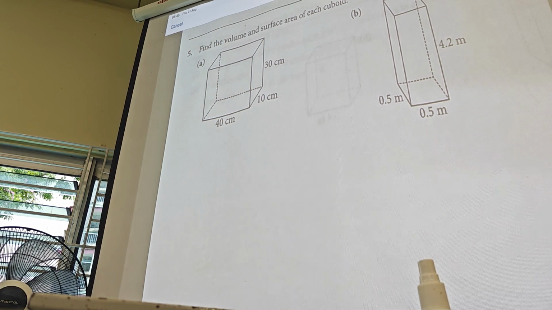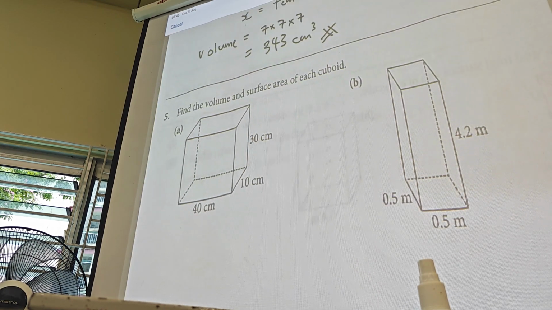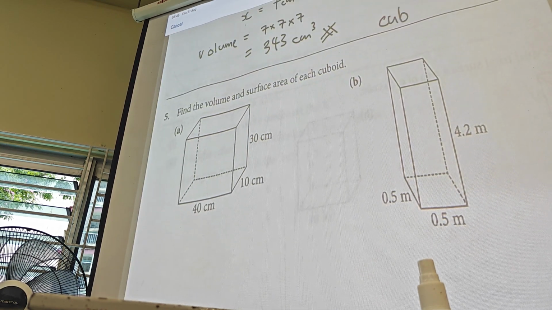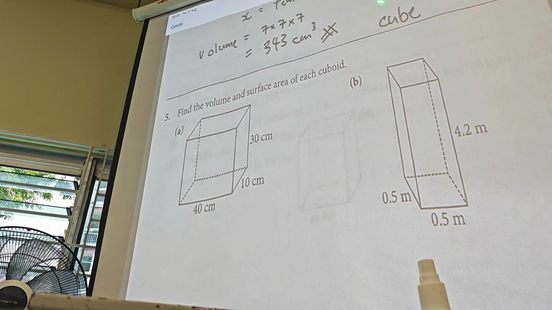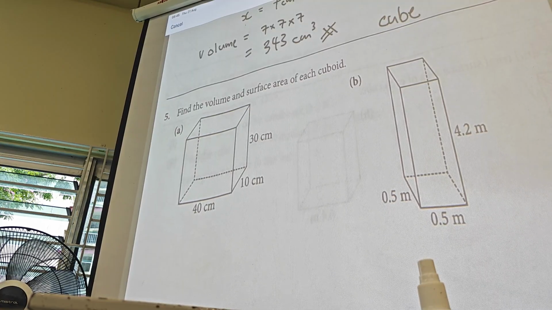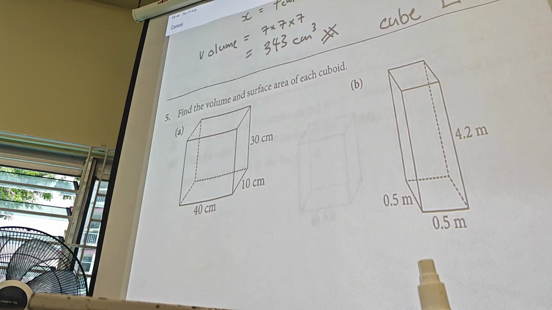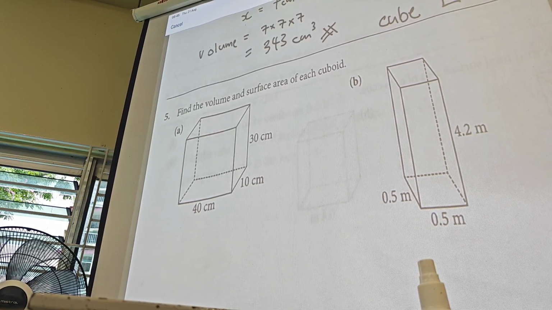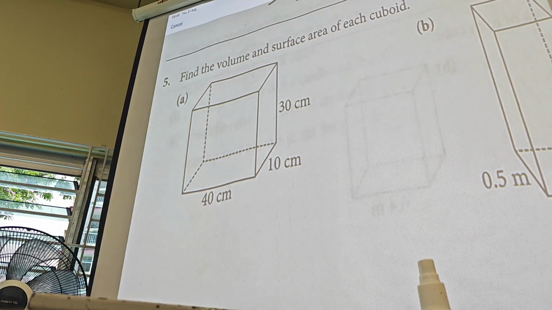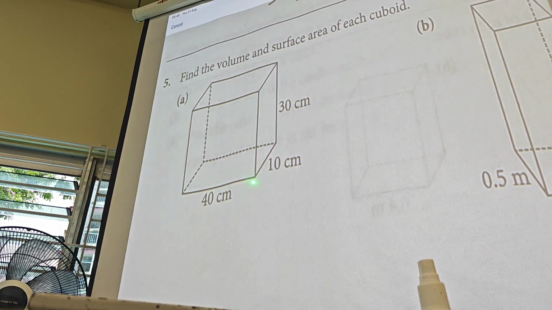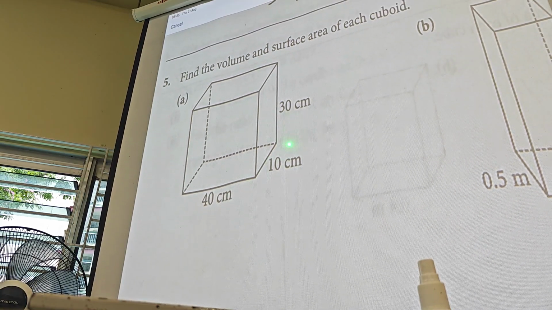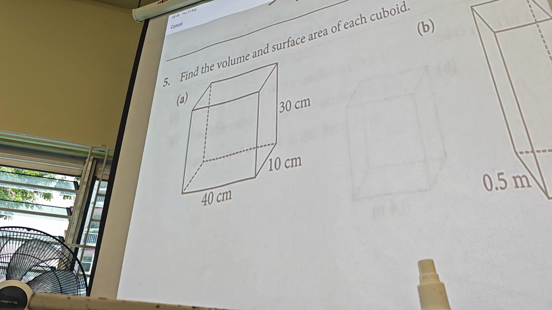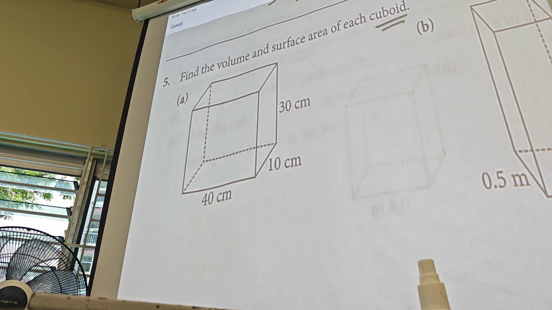Just now, the word that we use is cube. C-U-B-E. Cube. So when it is a cube, it means all the sides are the same. It will come out very squarish. But now, when we have all the sides are different length, 40, 10, 30, as long as one of them is different, some sides of it will be a rectangle instead of a square, we call it a cuboid.